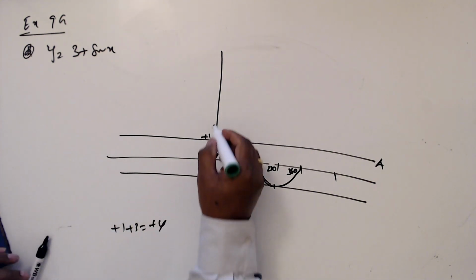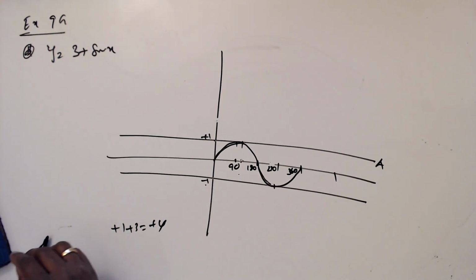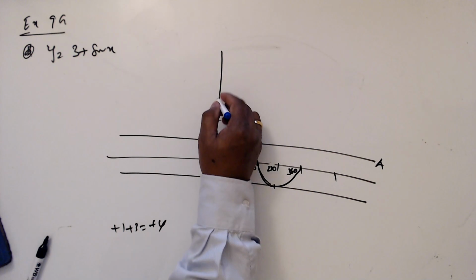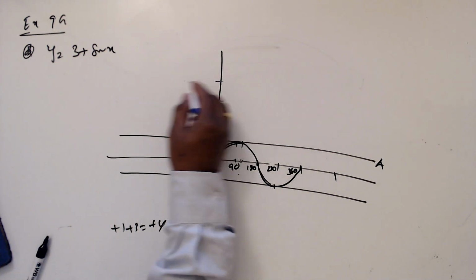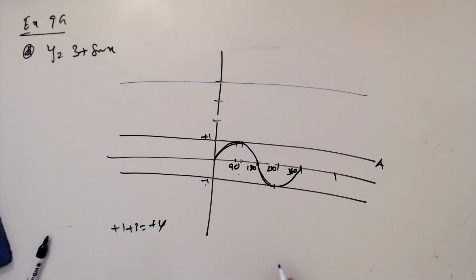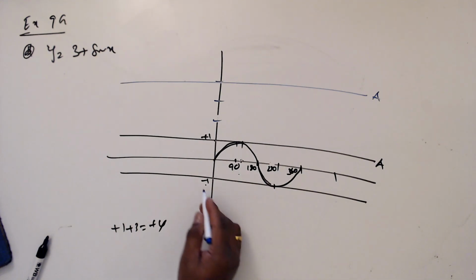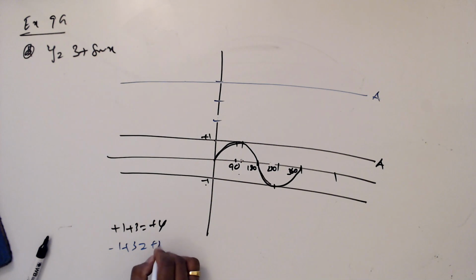Now 1, 2, 3. Now this is the new line of A, and minus 1 plus 3, which is plus 2.